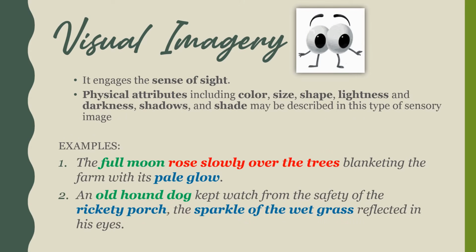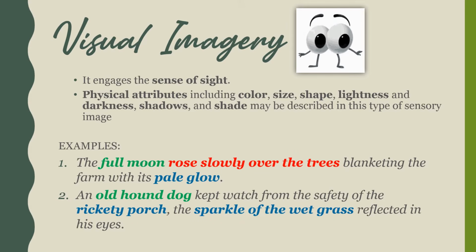An old hound dog kept watch from the safety of the rickety porch. The sparkle of the wet grass reflected in his eyes. In the second example, old hound dog describes the subject, which is the dog, rickety porch describes the condition of the dog's location, which is rickety or shaky.